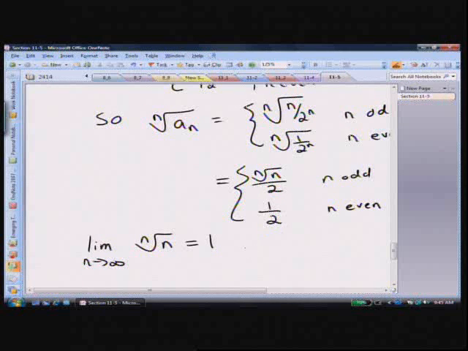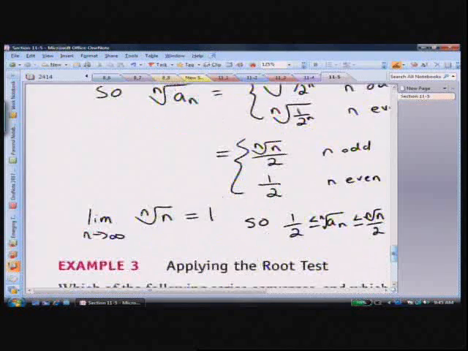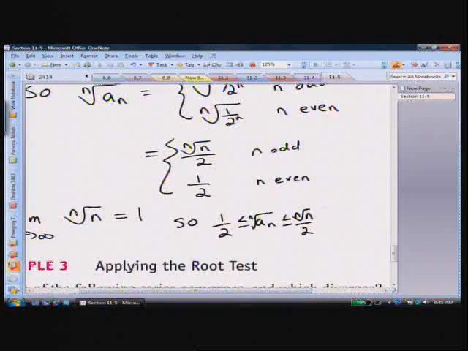And so you can write 1/2 is less than or equal to the nth root of a sub n, which is less than or equal to the nth root of 2, but this goes to 1/2, so you're going to be able to argue that that goes to 1/2.